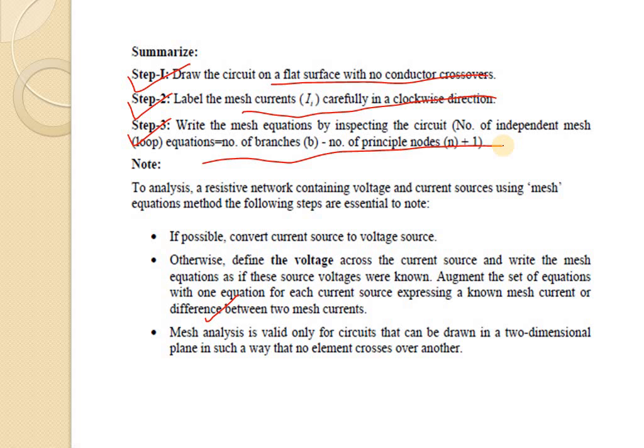Second, define the voltage across the current source and write the mesh equations, treating these source voltages as known. Then augment the set of equations with one equation for each current source, expressing the known mesh current or the difference between two mesh currents. Mesh analysis is valid only for circuits that can be drawn on a two-dimensional plane in such a way that no element crosses over another.